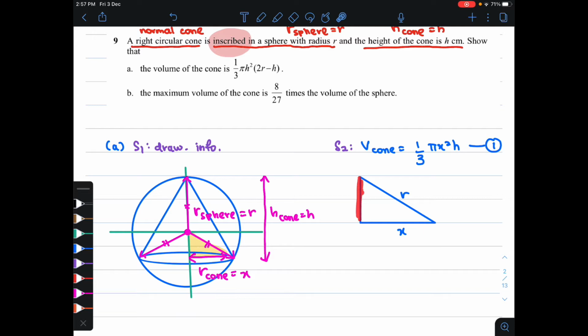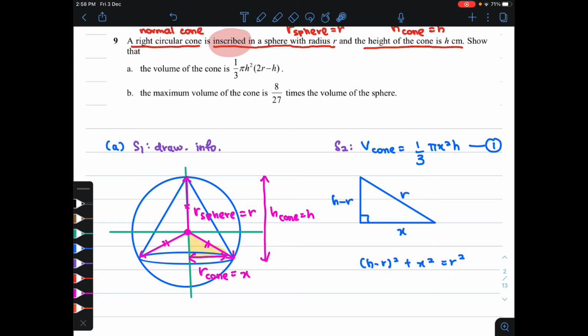Tapi macam mana dengan this one? Okay, so kalau kamu perasan, height of cone adalah h. Maksudnya daripada sini sampai sini, total dia adalah h. Dan panjang ni adalah r. So, ini panjang dia berapa? This one adalah h minus r.